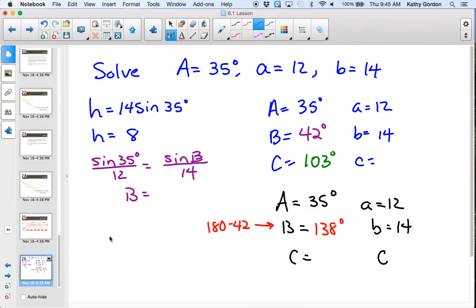Sine 35 equals sine 103 over C. Alright, so solve that one out. Got it? What'd you get? 20.38.